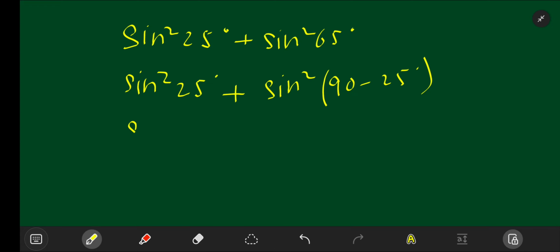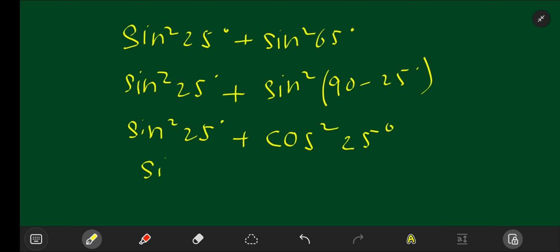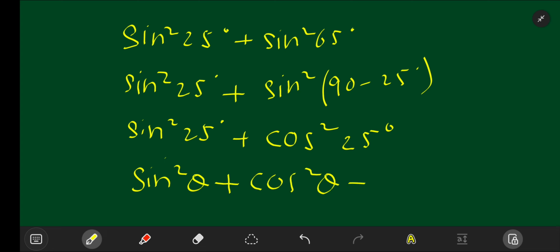Sin square 25 degrees plus sin (90 minus theta), which is cos theta, so cos square 25 degrees. Now this is in the form of the first identity: sin square theta plus cos square theta is equal to 1.